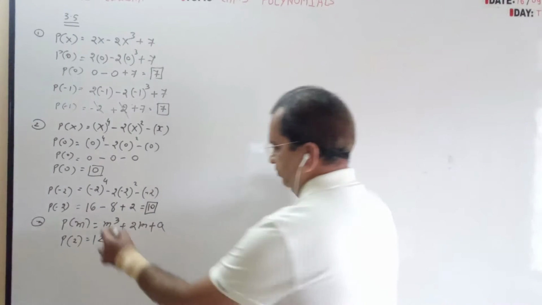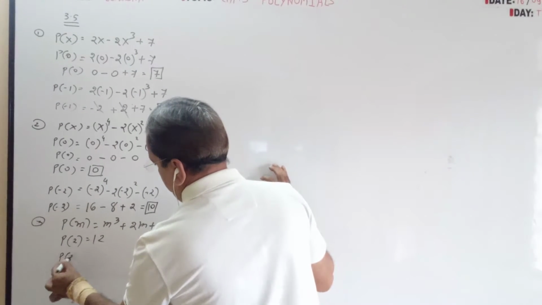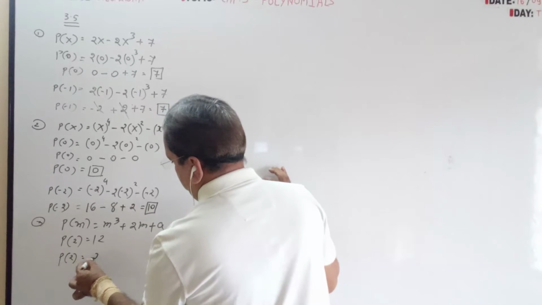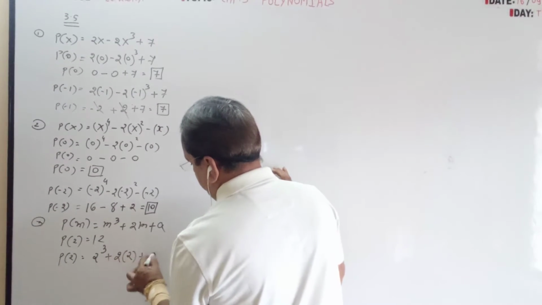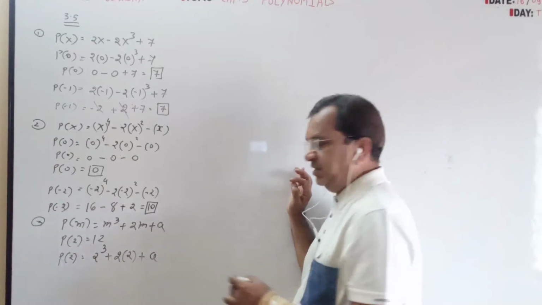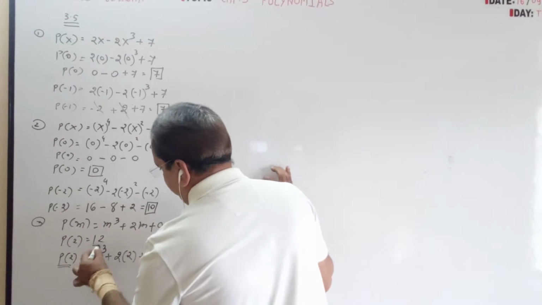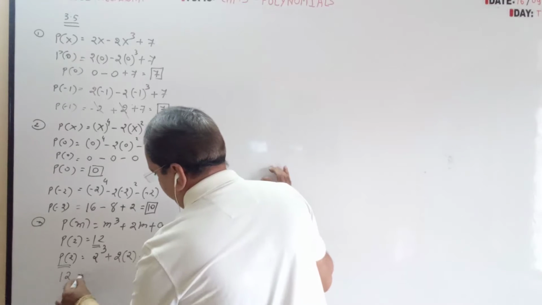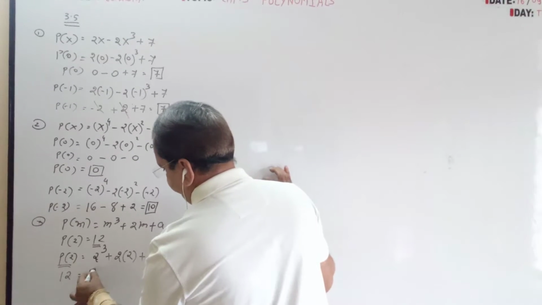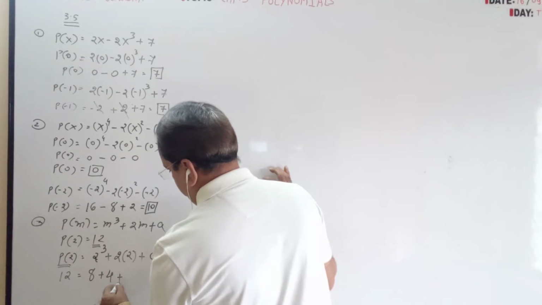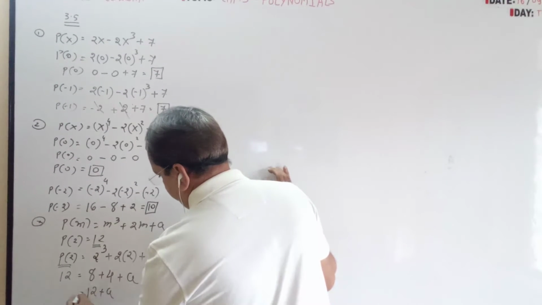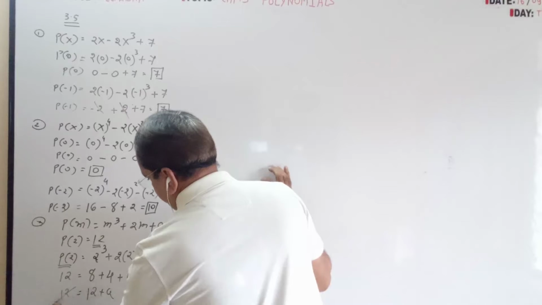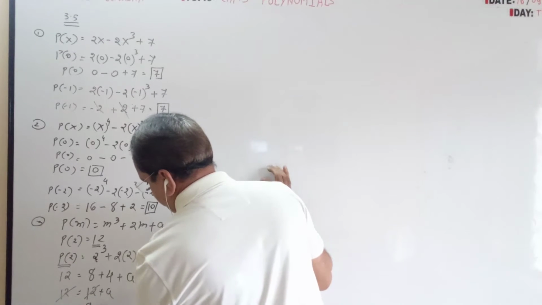So find out P2. 2 cube, plus 2 times 2, a will be as it is, but this value they have given is 12. 2 cube is 8 plus 4, so 12 plus a. 12 cancels, so a is equal to 0.